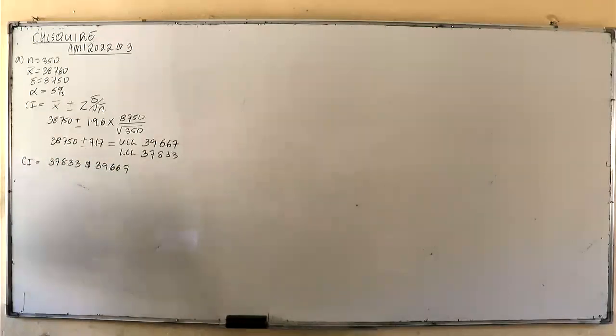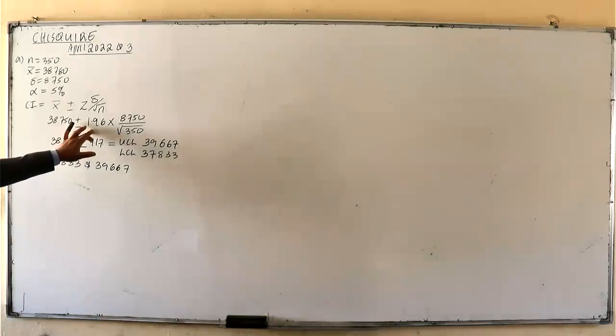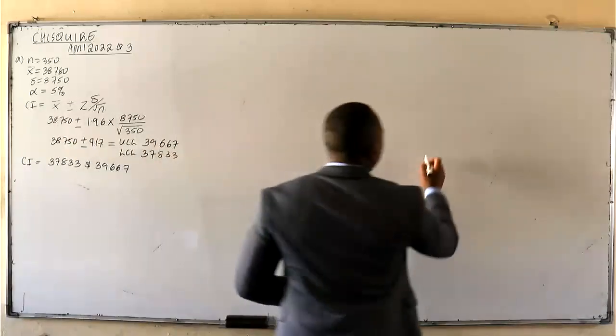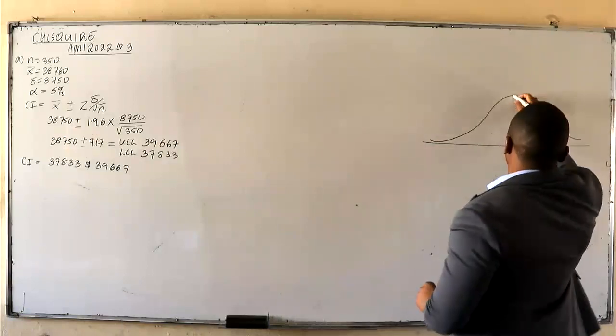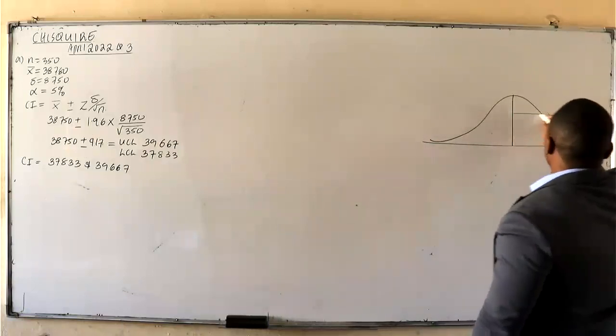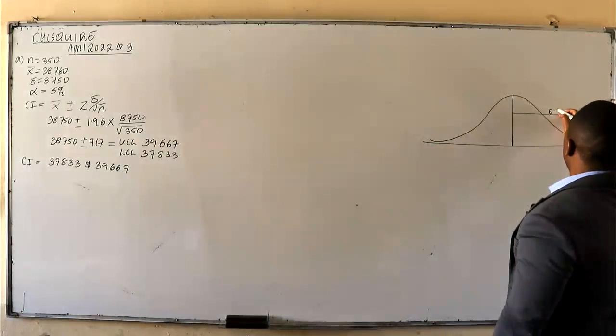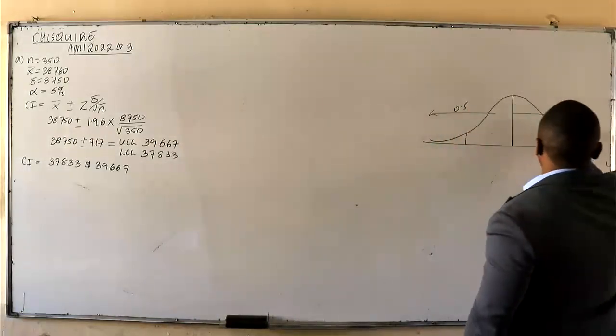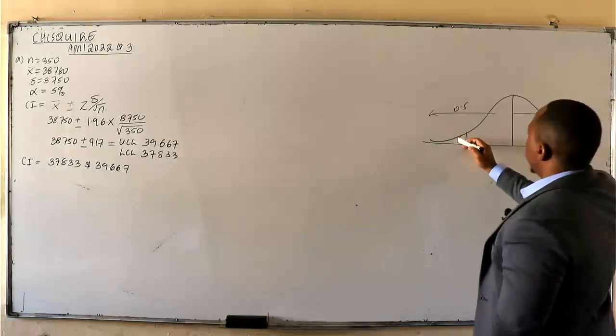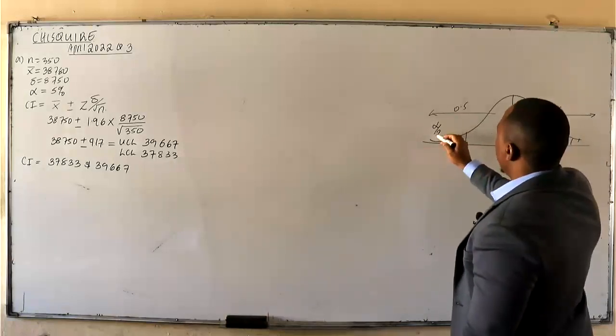Now let me remind you, for those who don't know how to get 1.96. In a normal distribution, the probability is 0.5 on each side. For a two-tailed test, this one will be alpha over 2.